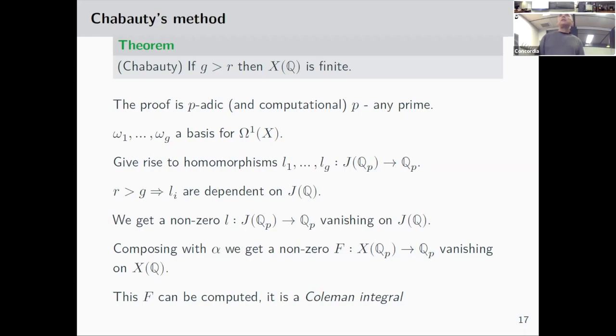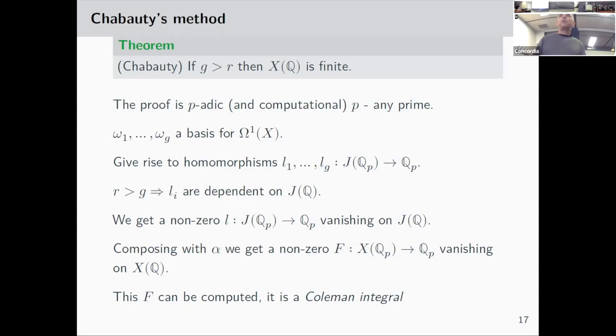Okay, so that means I can pick linear combinations of these. Let's call it L. So it's a homomorphism from J(Q_p) to Q_p, which vanishes on J(Q). Now I just apply alpha, and I restrict to X(Q_p).